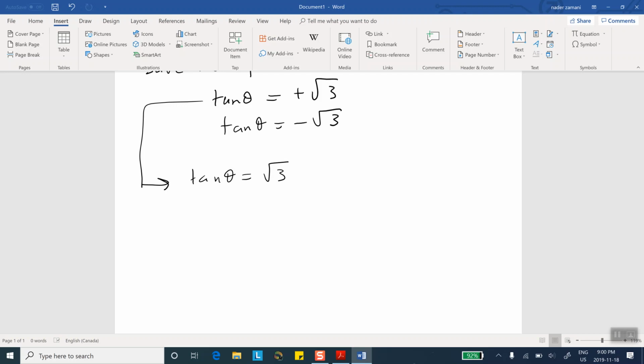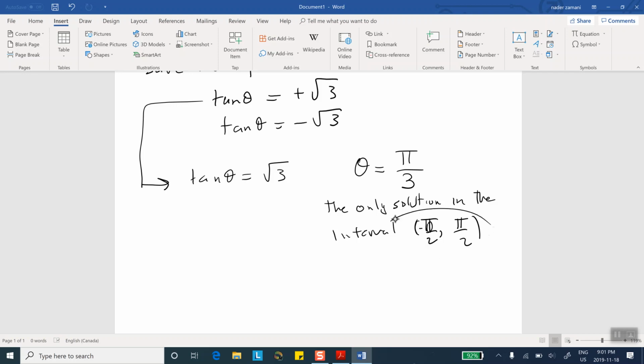Now notice that when it comes to tangent, you find one solution, theta equal to pi over 3. And this is the only solution in the interval, let me write it as minus pi over 2 to pi over 2.